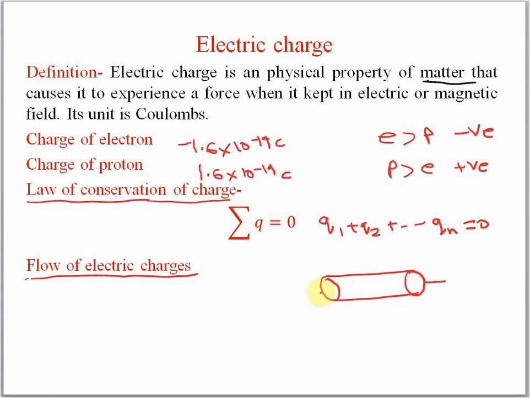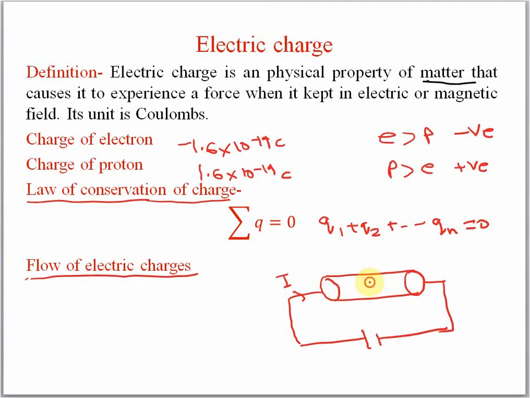Here is a conductor, and when we connect this conductor to a battery source, a current will start flowing from its positive terminal to its negative terminal. Meanwhile, in the conductor, the flow of electrons and protons takes place in opposite directions.